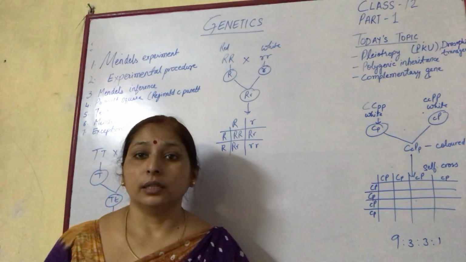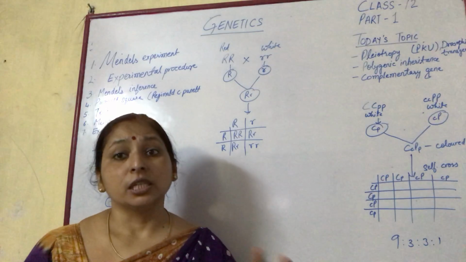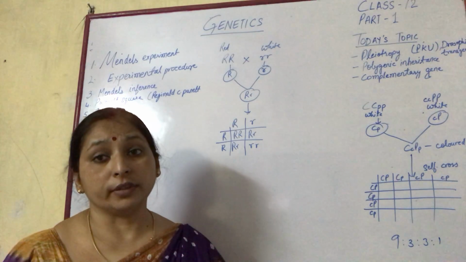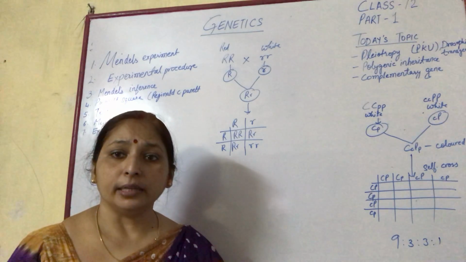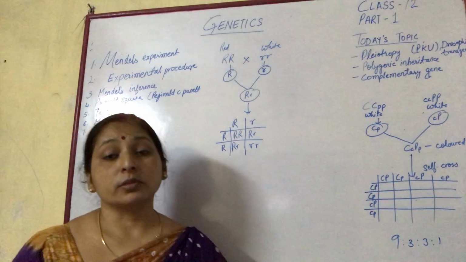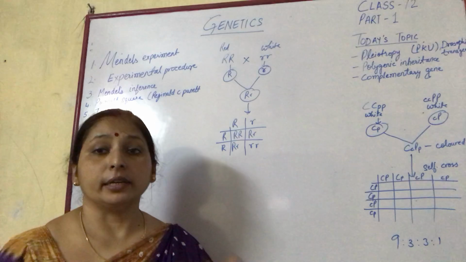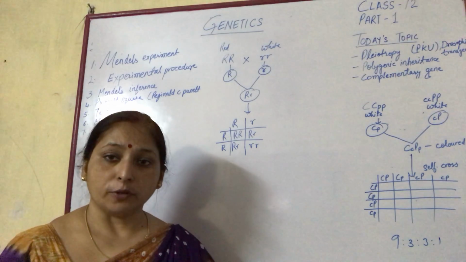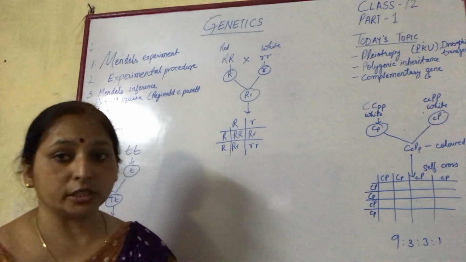But nowadays they are named genes, and according to Mendel, these genes are present on the chromosomes. From the chromosomes they are inherited by the offspring and the further generations.